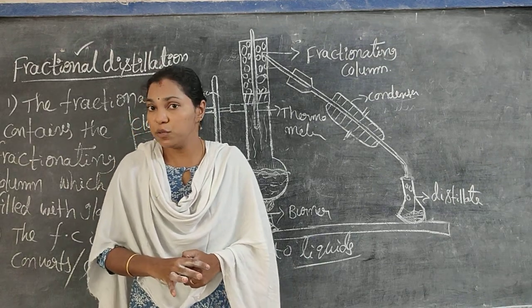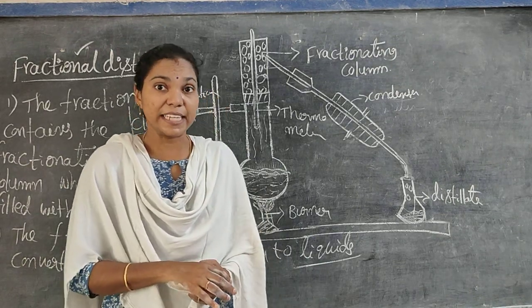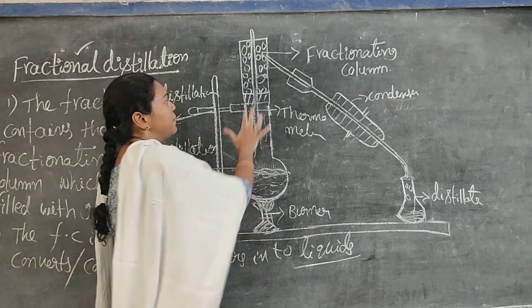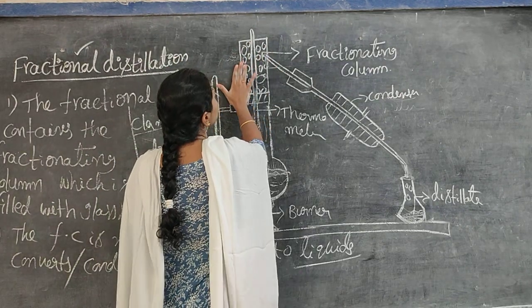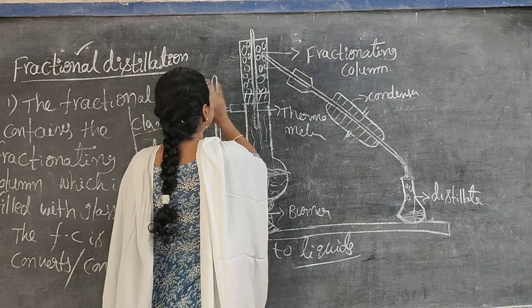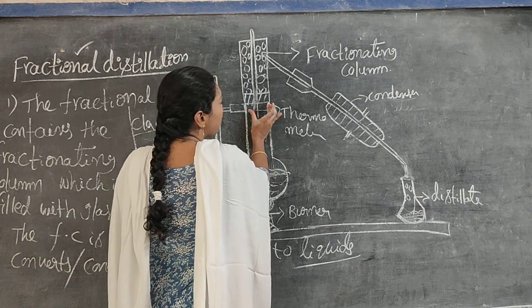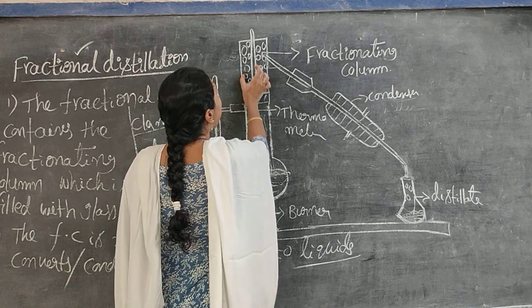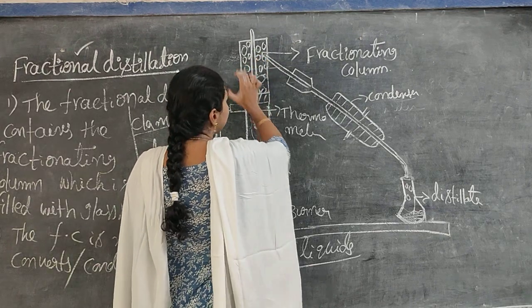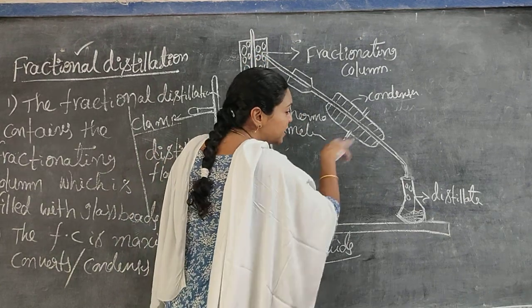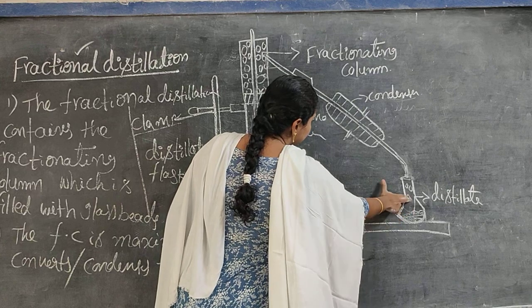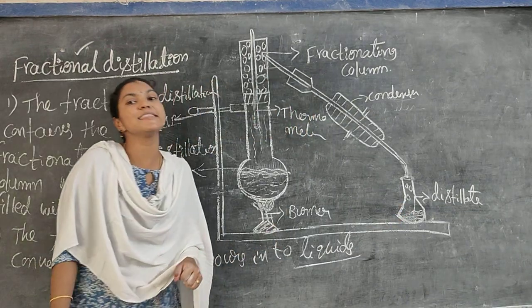Here we use the extra part, the fractionating column, filled with glass beads. This is used for maximum condensation of the hot vapors coming out from the distillation flask, condensing them repeatedly and converting them into liquid state. That liquid is collected in the beaker as distillate.